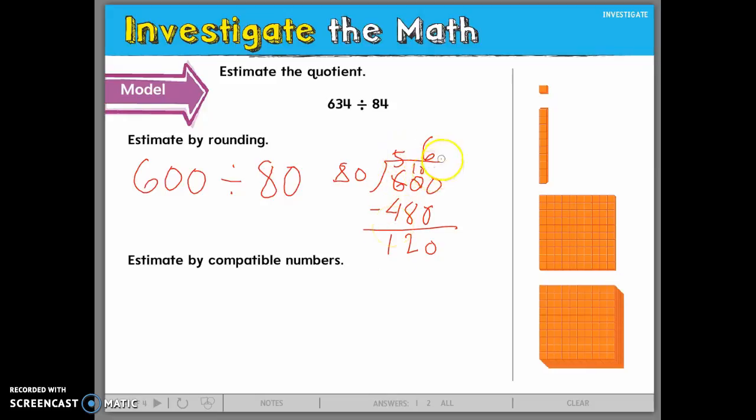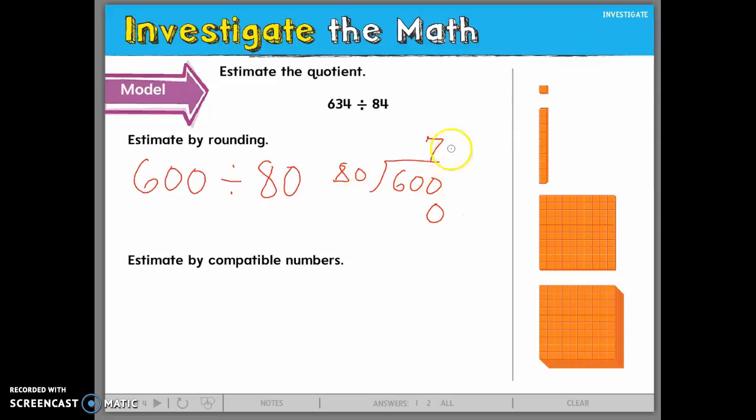Well, now I have to start over because 120 is more than 80. So, grab my eraser here. All right, so now we have to try 7.